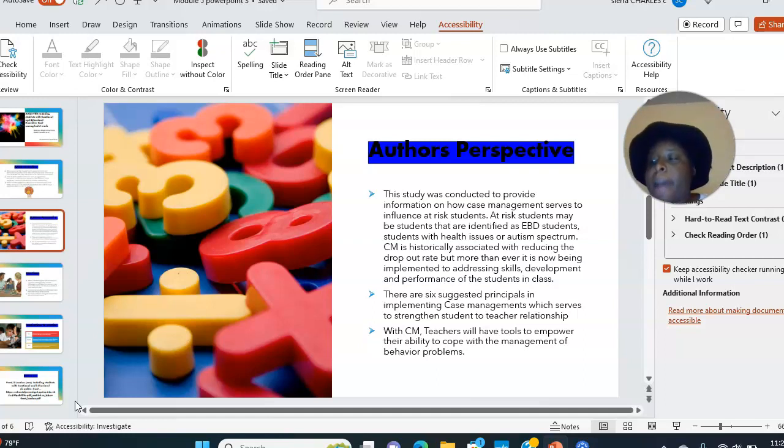One of the first is implementing provisions, monitoring student progress, as well as adjusting services. There can be a multitude of services that the student may need. A lot of times, especially with students that do suffer from behavioral issues, a lot of things can trigger it. Yesterday they were fine. Yesterday they had a great day.